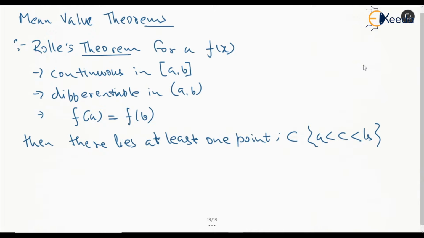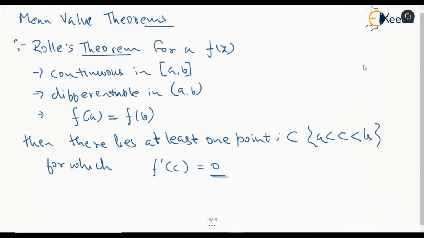So there lies at least one point C for which f dash of C is equal to 0. Right?